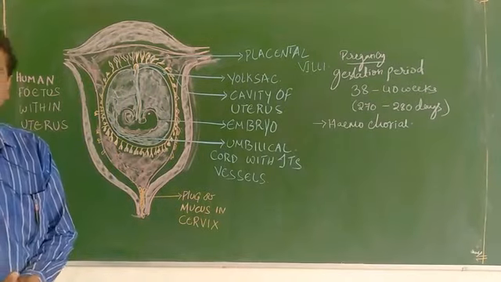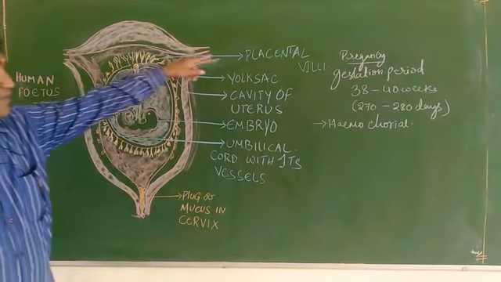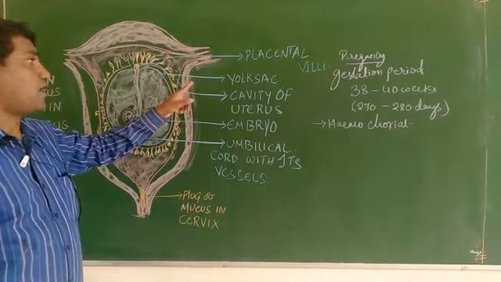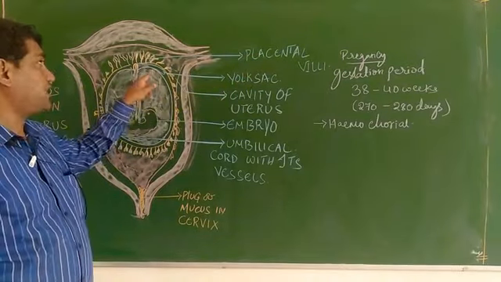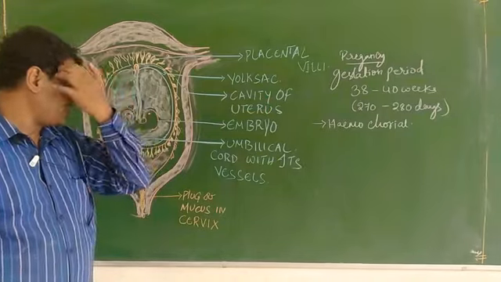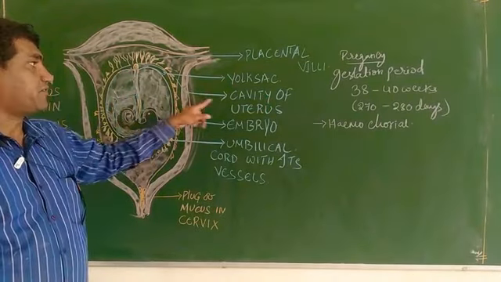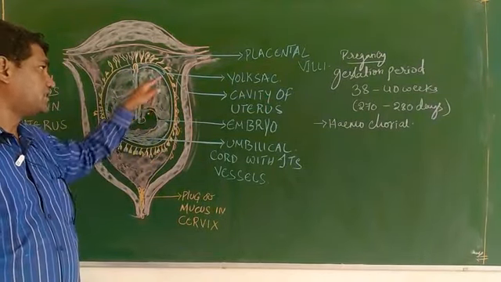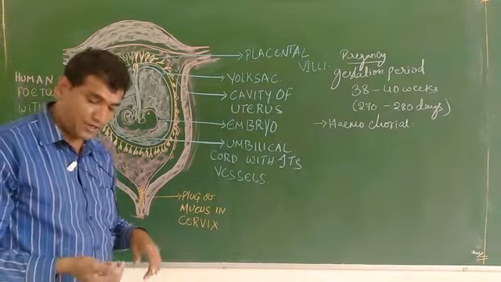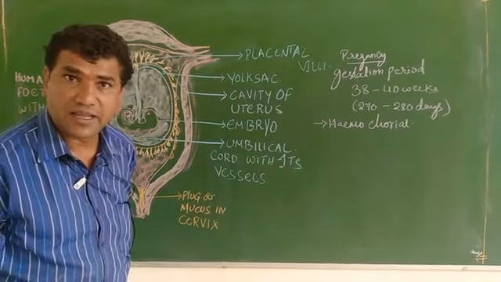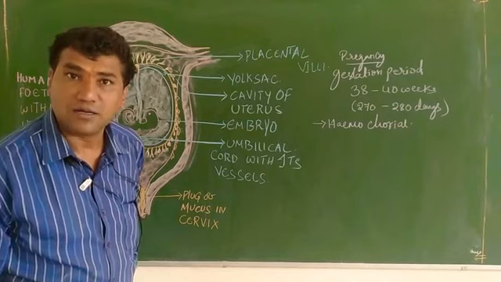In this fetus, you can see that placental villi are formed, the yolk sac is present, and the fetus is developing in the cavity of the uterus. It is forming the amnion layer, chorion layer and allantois.